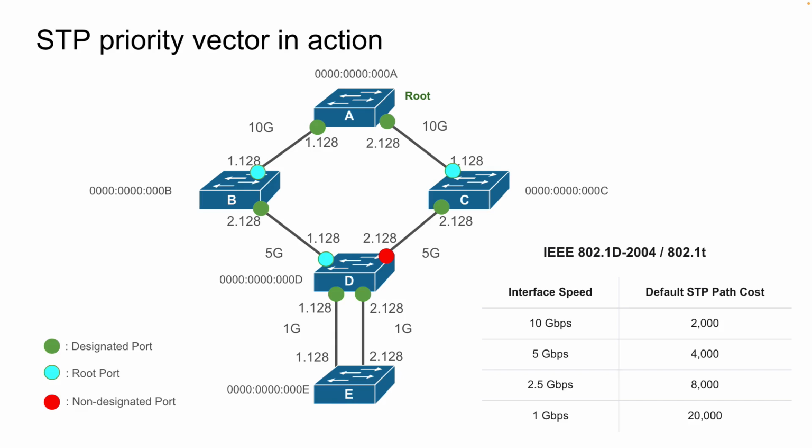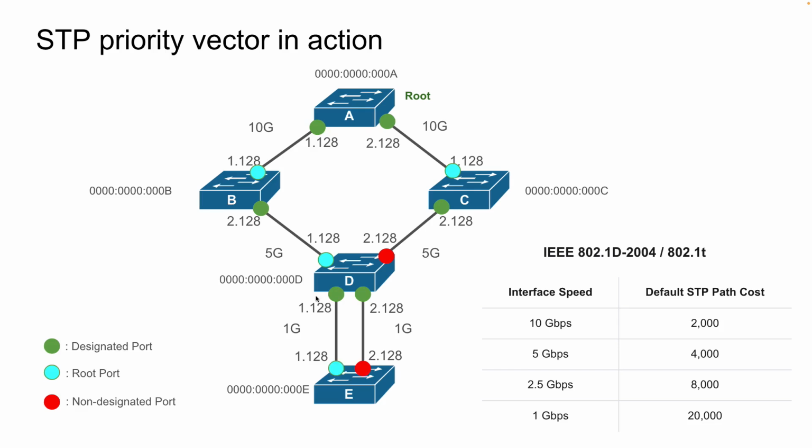But what about switch E? It is connected with two parallel links towards switch D. And as you can see, if you calculate the root path cost, you will see that both directions have the same root path cost. Besides, as switch E is connected to switch D, the bridge ID of the neighboring switch is also the same over both links. In this case, the port ID of the switch that has sent the BPDU breaks the tie.